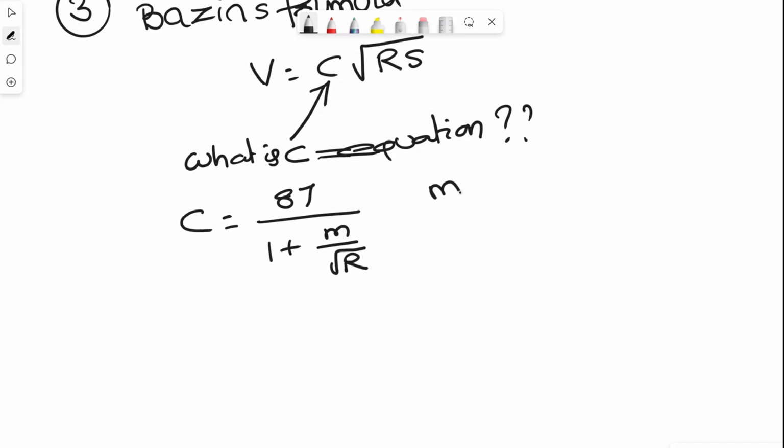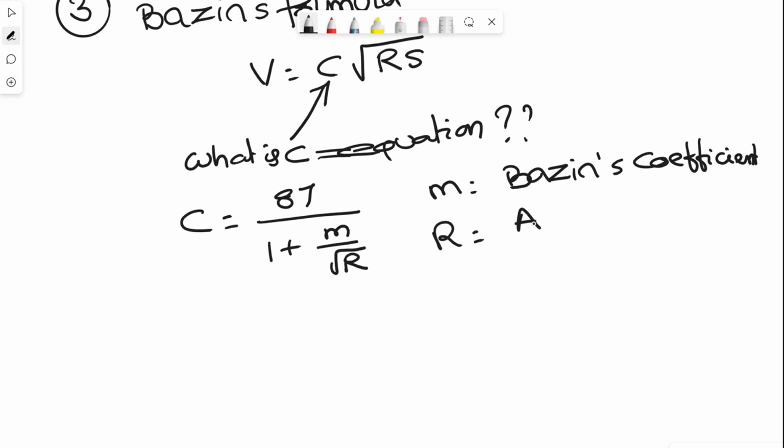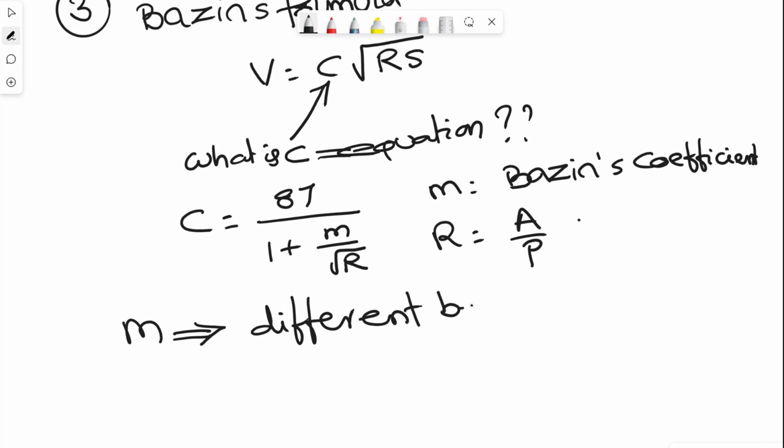In this, m is equal to Basin's coefficient and r is equal to A by P. Basin has given the m values for different bed materials, because ultimately frictional resistance is one of the important factors.